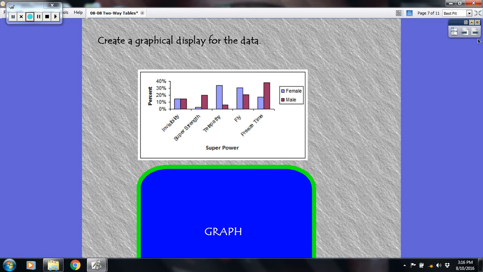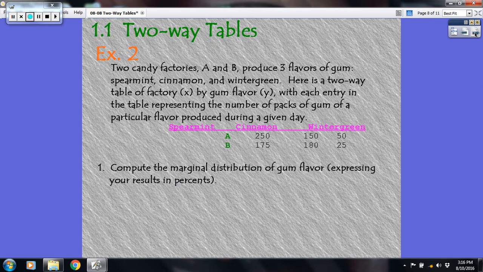So now I'm going to give you the opportunity to figure out a conditional and a marginal distribution. I want you to try out the candy factories A and B in example 2. Now, as you see, my table is a little bit off here, as well as your table is.